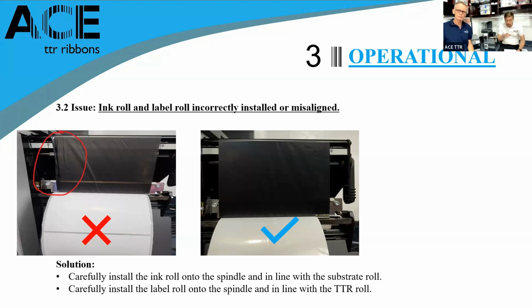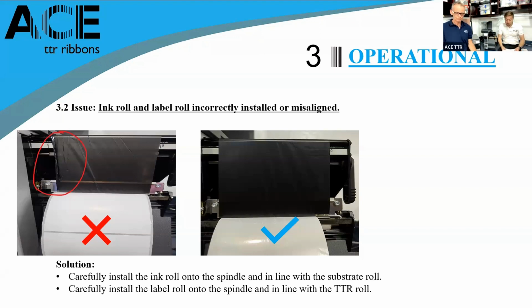So when you're going to print in such a setup, it will cause a crease and this crease will cause a white line similar to what we saw with the damaged print head. So of course it will lead you to waste of time, materials, and so on. So the solution is very simple, as you can see with the picture with the tick. You just make sure that everything is carefully installed. So the ink roll and label roll are carefully installed and they're in line with each other. Then you wouldn't have any problem.